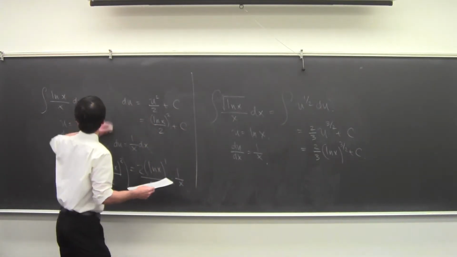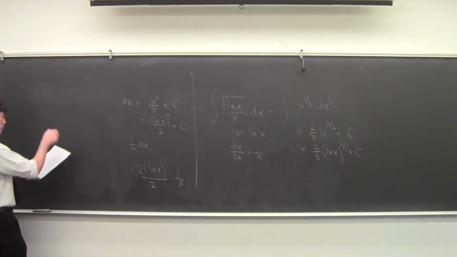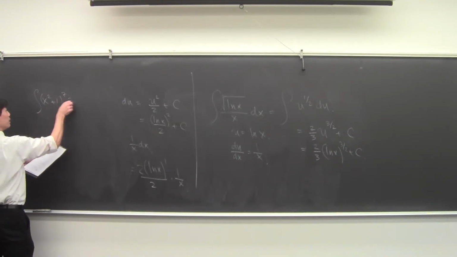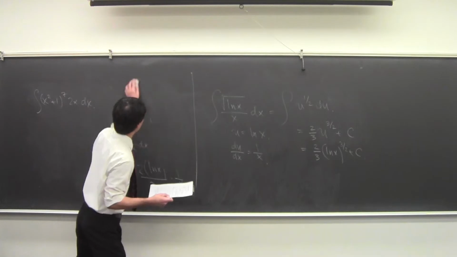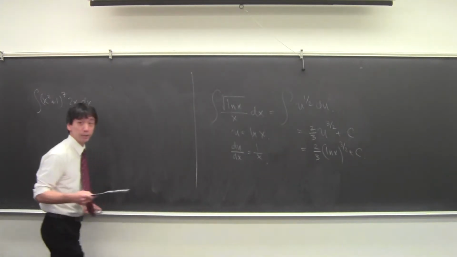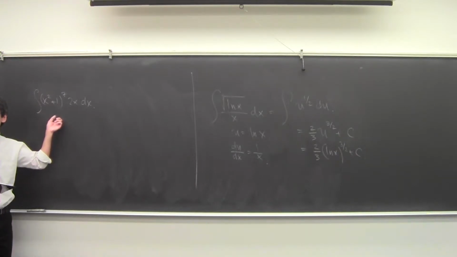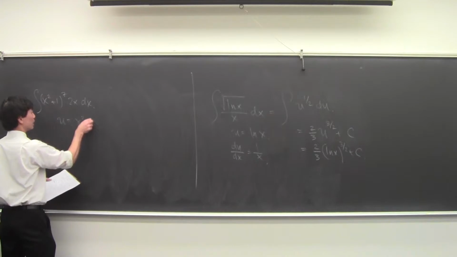Let's do a couple more. Let's just do this one together. The integral of x squared plus 1 to the 7 times 2x dx. What am I going to use as my u? X squared plus 1. So I take my u to be x squared plus 1.